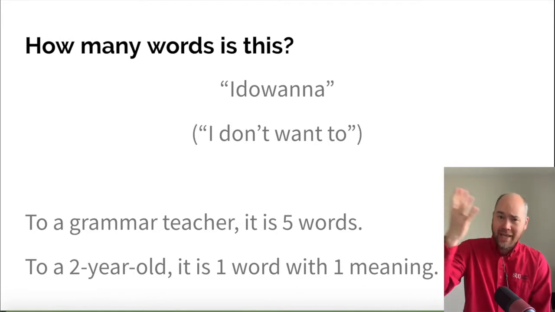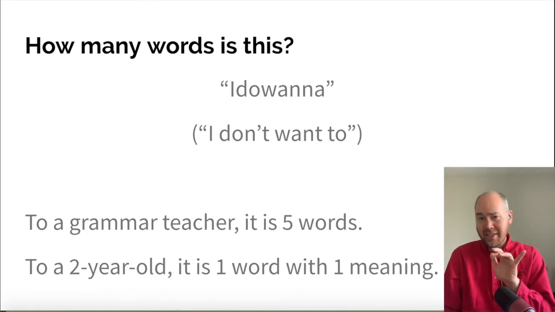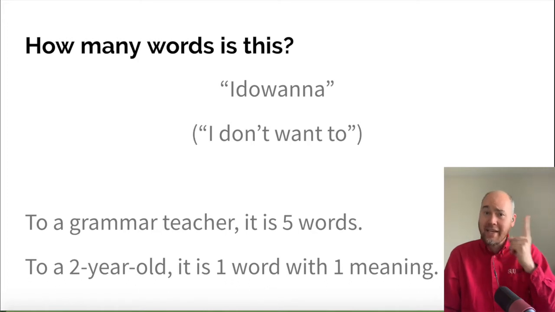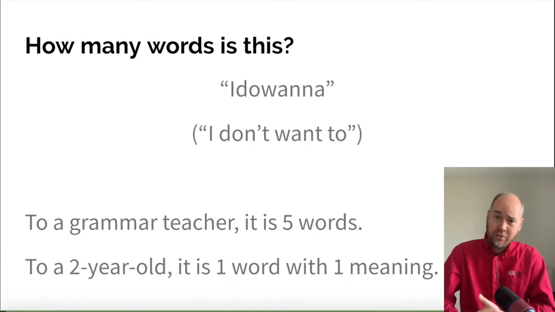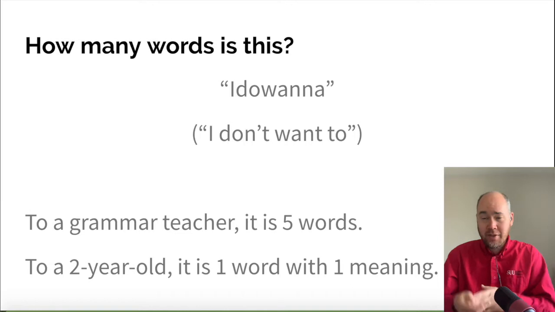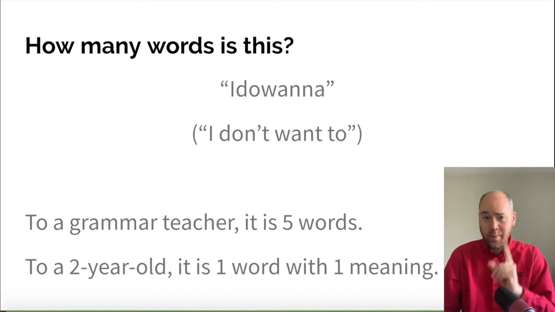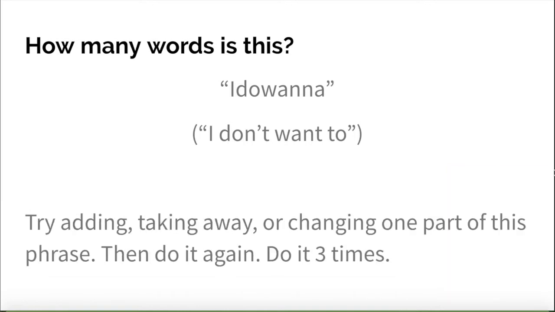And only when they get older will they start to realize that actually this is many words. To a grammar teacher, maybe it's 5 words, but to someone who's just learning this, it's probably just one word. They just say it like it's one word. And that's actually a useful way to think of it, because you don't have to remember as many words if you just remember this one, right?